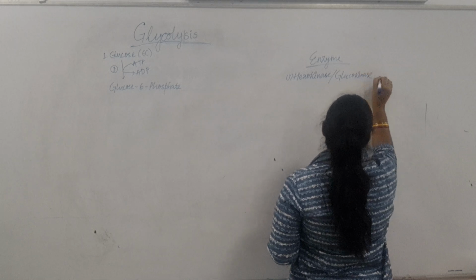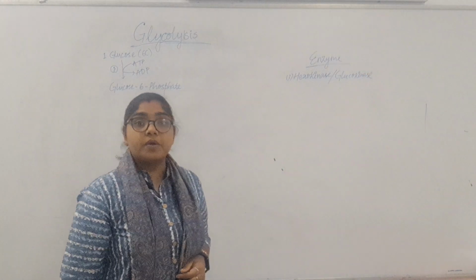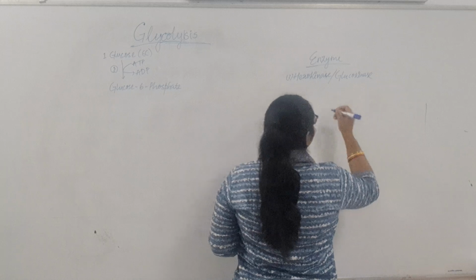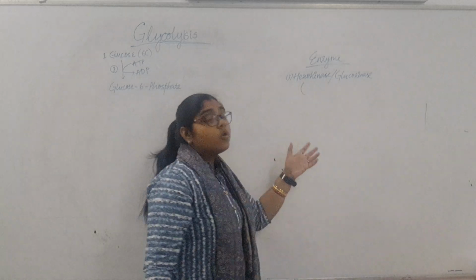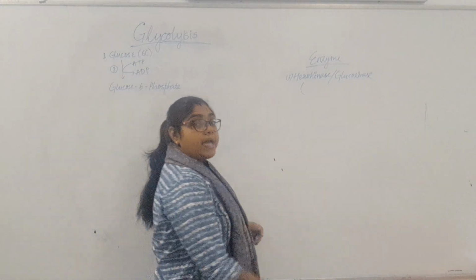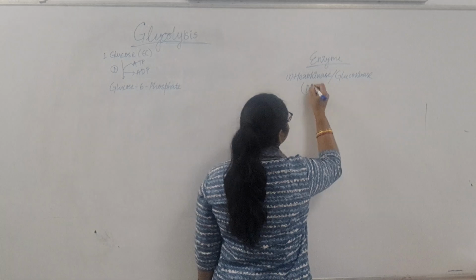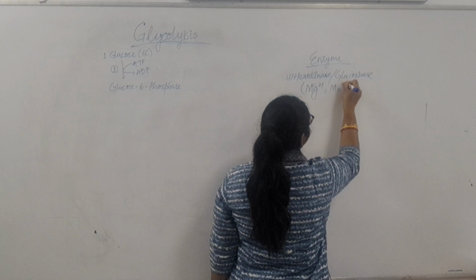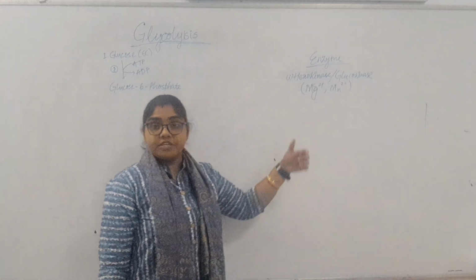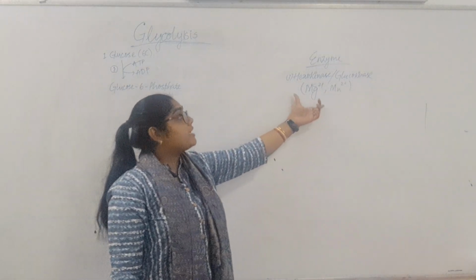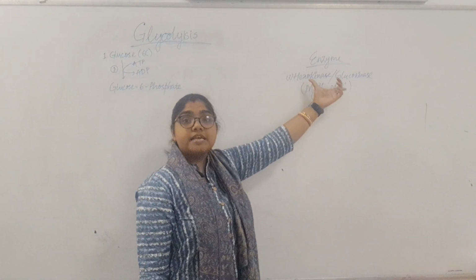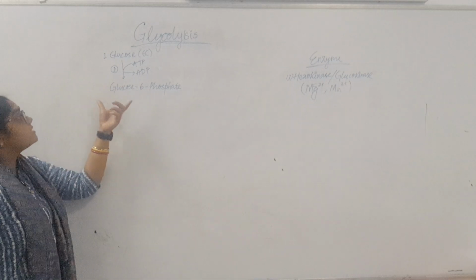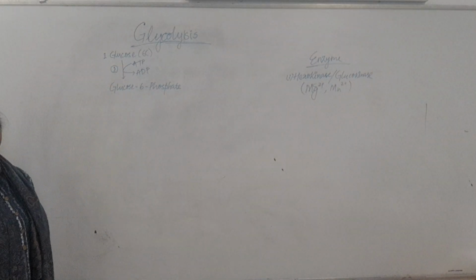I am writing the number of the enzyme and the name of the enzyme here. This hexokinase or glucokinase requires magnesium ion or manganese ion for its activation. These ions activate the enzyme, and then the enzyme stabilizes this reaction from glucose to glucose 6-phosphate.